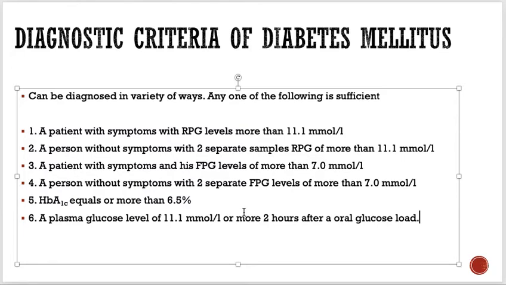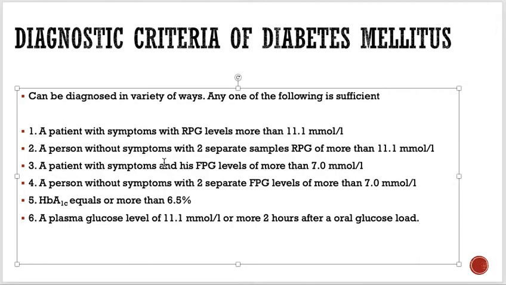So we don't do it in all the patients. The important thing is, if the patient is symptomatic, one sample, one level is enough. But if the patient is asymptomatic, we have to perform at least 2 tests before labeling the patient with hyperglycemia or diabetes mellitus.